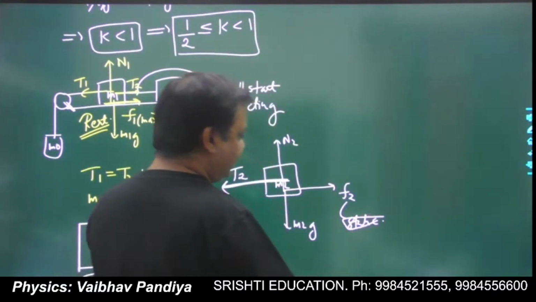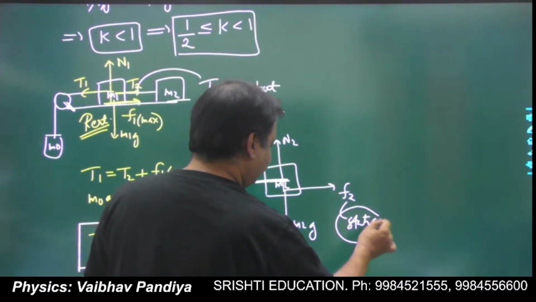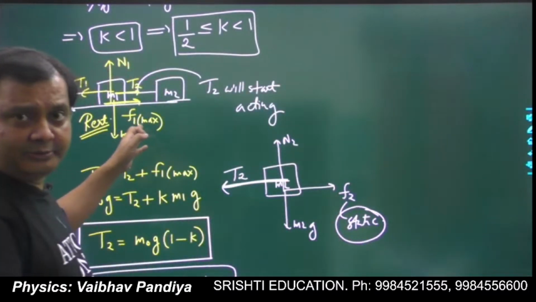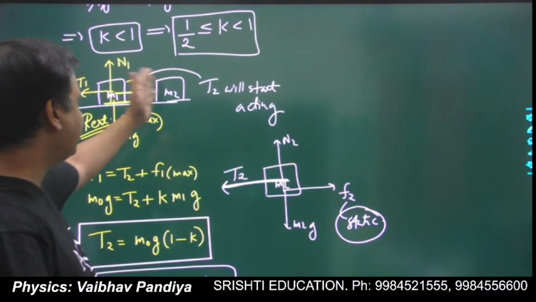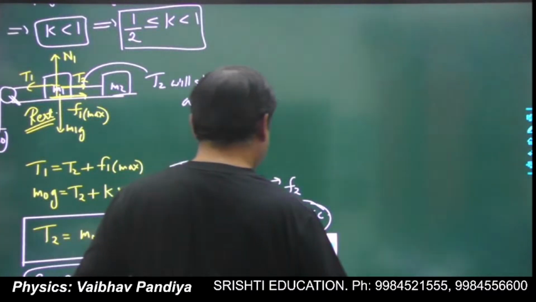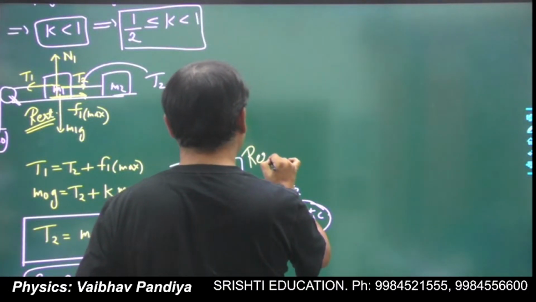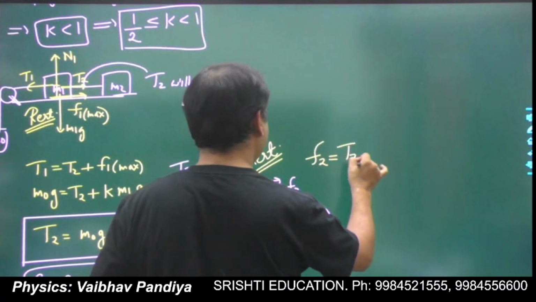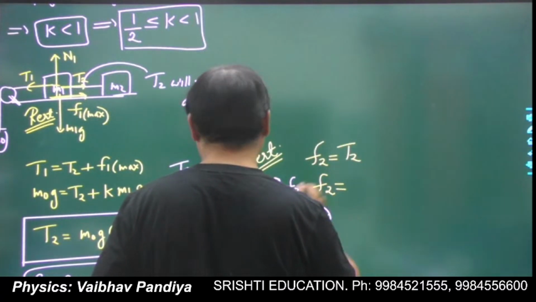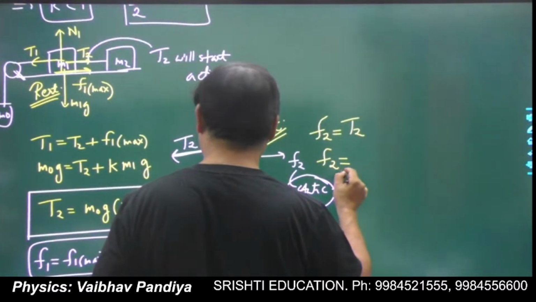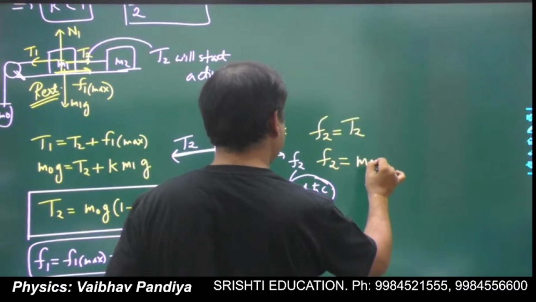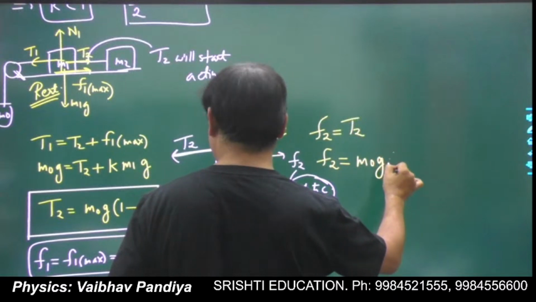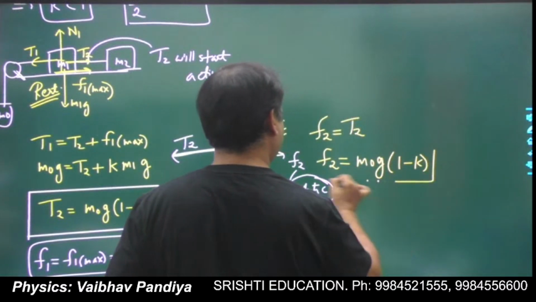But it is not necessary that F2 will also have the maximum value. Here F1 got the maximum value because only after attaining it does T2 start acting, and the block is also at rest. So your F2 will come to be T2. So the static frictional force on the second block will again be T2, that is M0G(1 minus K).